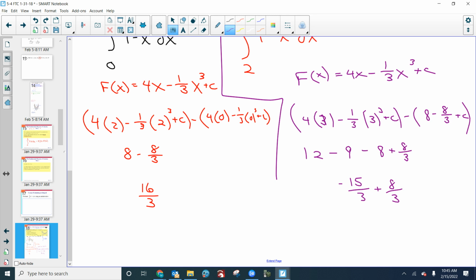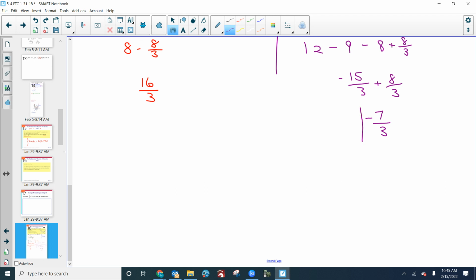Negative 7/3. That's negative. We want to do what with it? Make it positive. Positive 7/3. Now that both areas have been made positive or kept positive, we add them up. What's 16/3 plus 7/3?